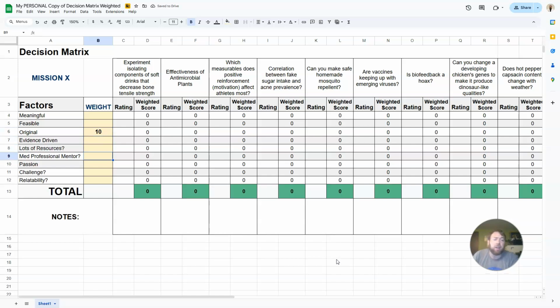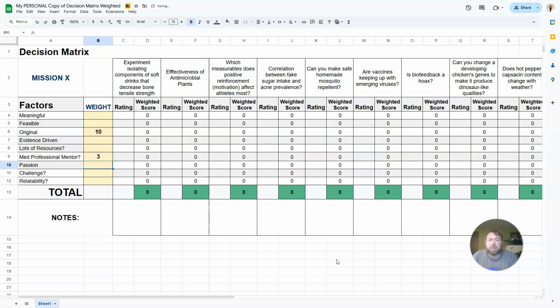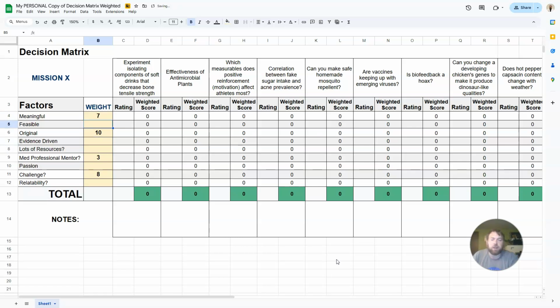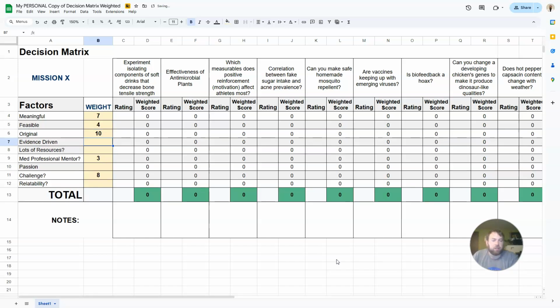I don't really care about working with a medical professional or going to job shadowing. I'm okay with Mr. S in the classroom. I'll put that as a 3. I'd like it to be more of a challenge, so I'm learning new things and maybe exploring new topics. I'll put that as an 8, and so on and so forth. In fact, I'm going to give them randomized things now.